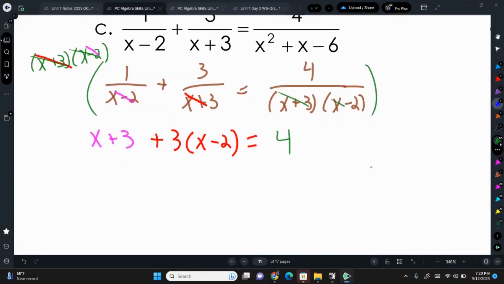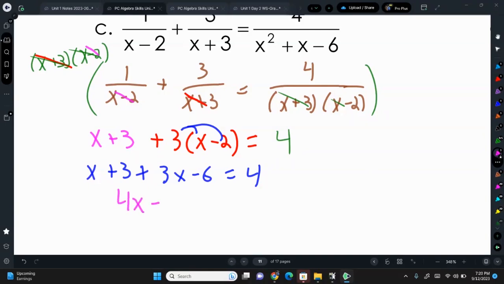Okay, so then this is just a nice linear equation to solve. So we have x plus 3 plus 3x minus 6 equals 4. Oops, sorry, this should be plus. Combine like terms. We get 4x minus 3 equals 4.